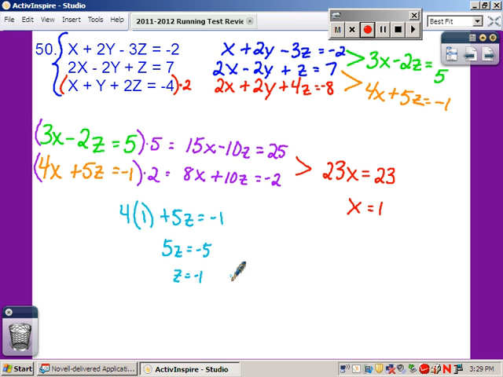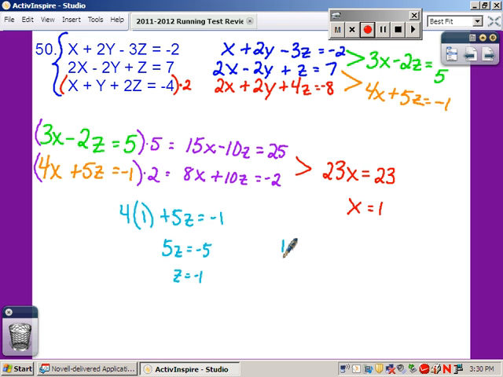So I have x, and I have z. I'm going to take my 2 answers and go all the way back to the beginning. I'm going to pick the easiest one of these problems to deal with, which to me looks like the bottom equation. And I'm going to put my answer for x, my answer for z in, and get an answer for y.